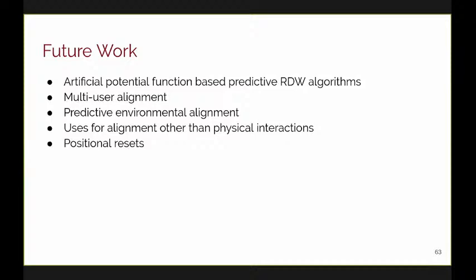Redirected walking does not assume that we will be able to perfectly keep users away from the physical boundaries, and as such, we introduced rotational resets so that whenever the user is about to collide, we can reset them and they can continue their way. Similarly, we could perhaps use positional resets where, when the user is supposed to be aligned to the physical environment and they're not quite there, we can stop the experience and reposition them so minorly in order to achieve that.